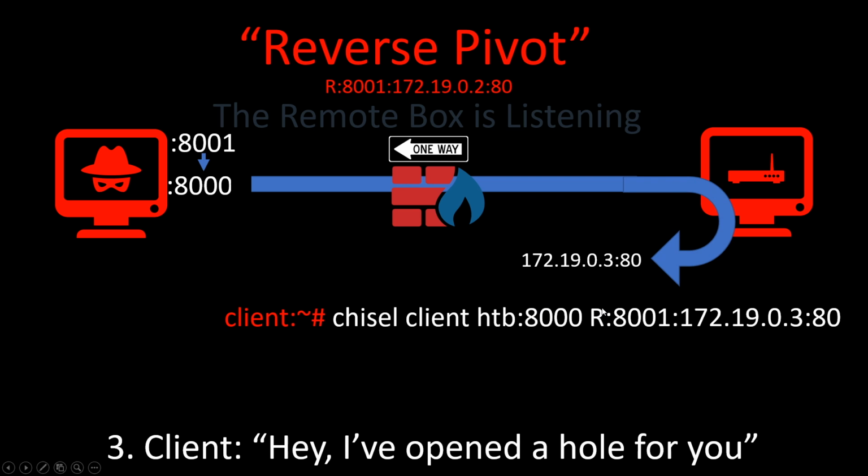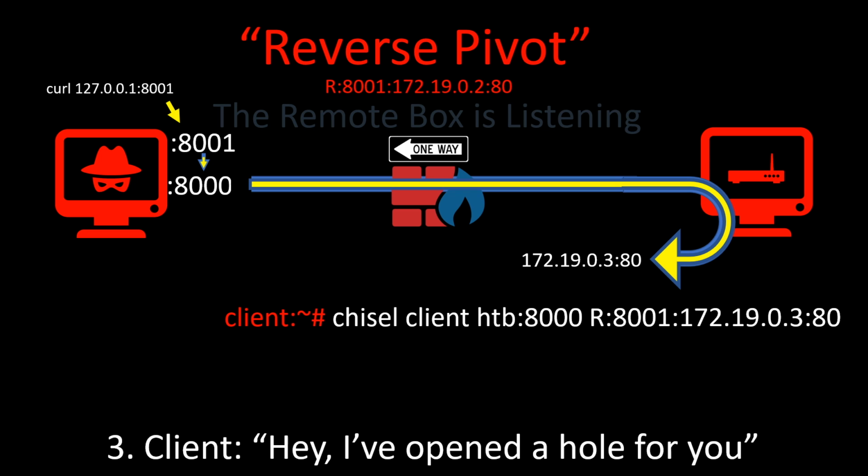And with that, we want the remote box, which means our box here, to open up port 8001. And whenever we see a packet go in on 8001, we're going to direct it through that tunnel we created on port 8000 and send it out to 172.19.0.3:80. So that allows us to do a curl command to localhost 8001, and then we access the other end.